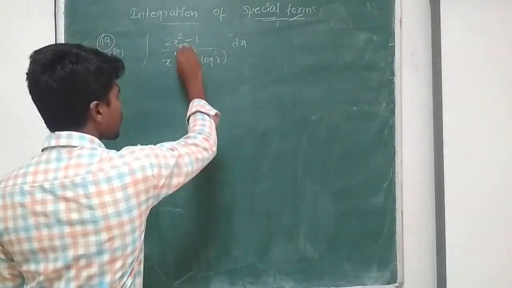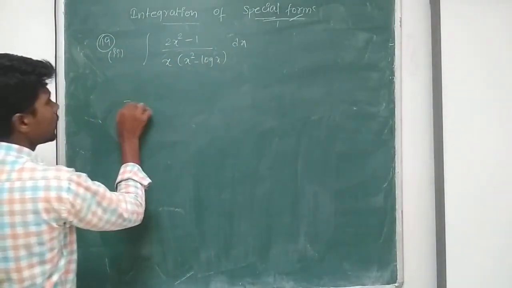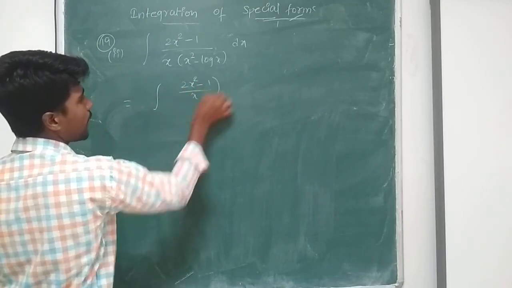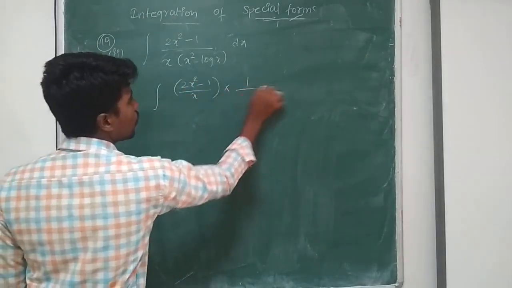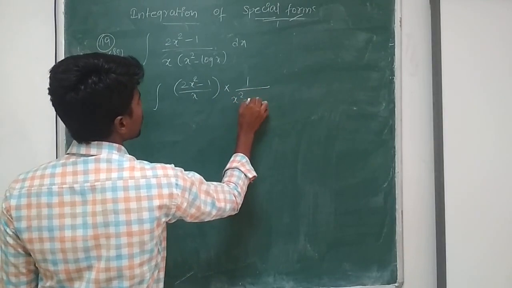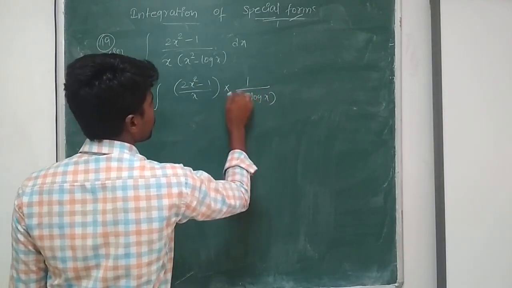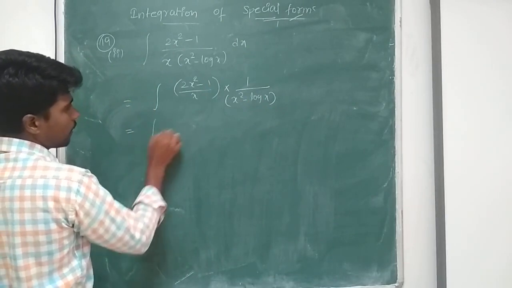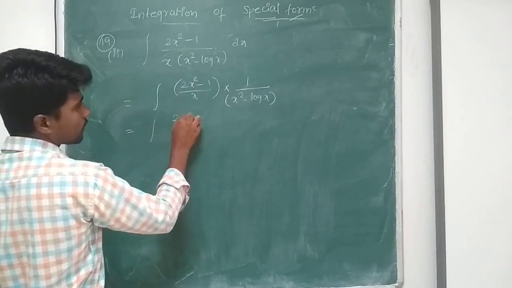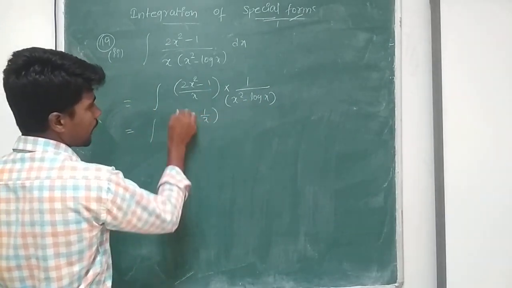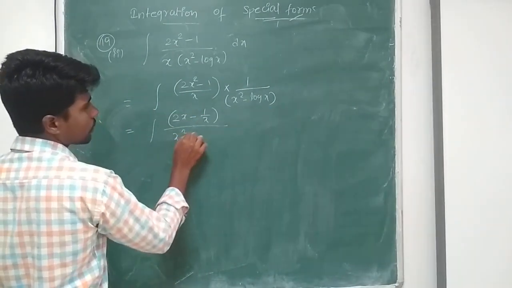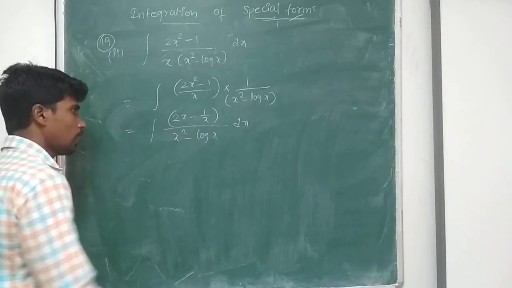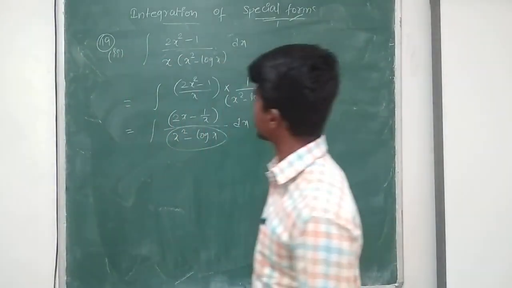So I reduce this particular thing to the form integral of (2x square minus 1 by x) into 1 by (x square minus log x). So this can be written as integral (2x minus 1 by x) by (x square minus log x) dx. Now I consider this particular part as f of x.